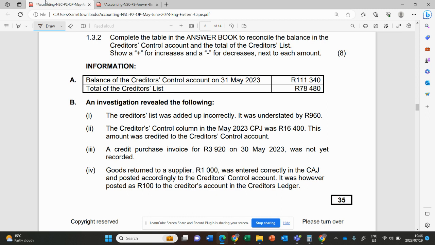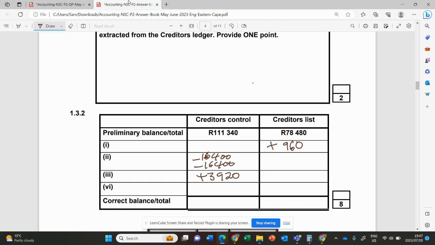It means it is recorded correctly in the creditors control account. However, it was posted as 100 rand instead of 1,000 in the creditors ledger. So in the supplier account they recorded 100 rand. The mistake is in the creditors list. They need to subtract, because it's a return. A return reduces the debt, so they need to subtract 900. You're going to say minus 900.